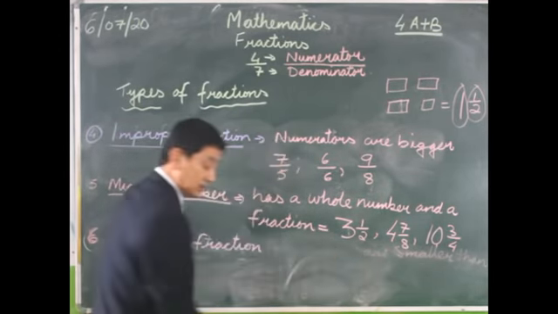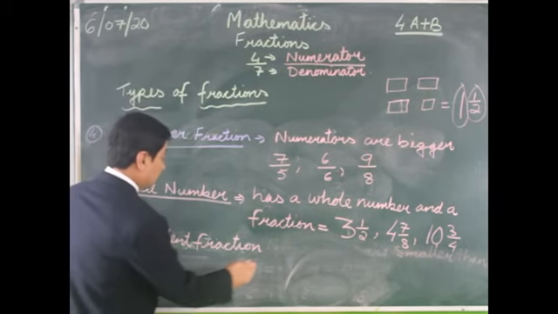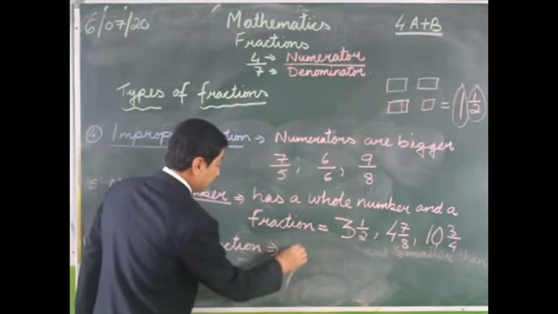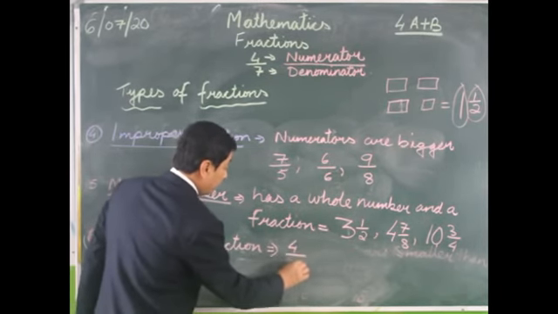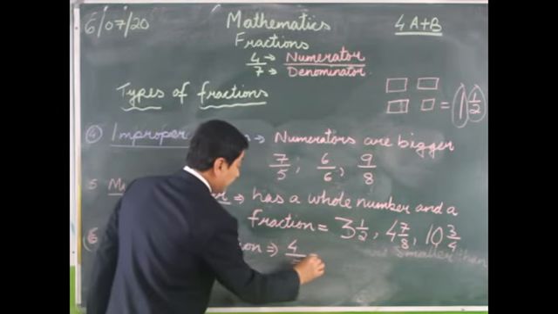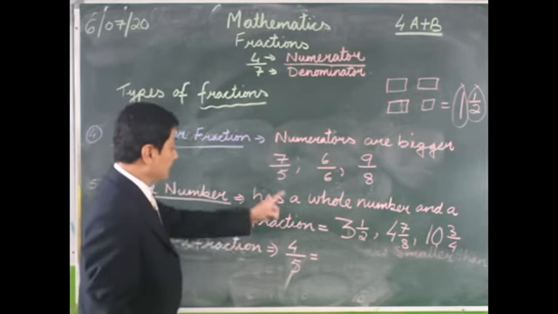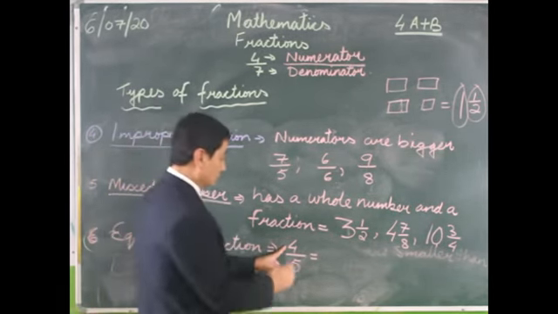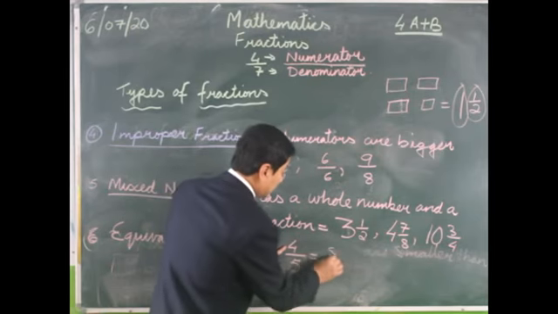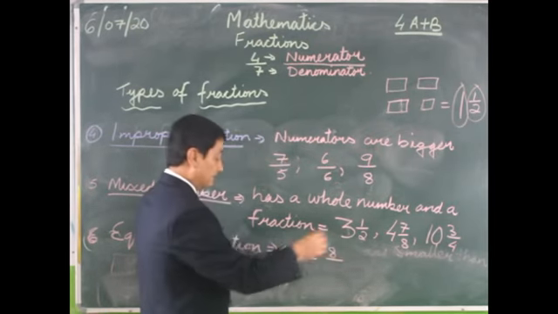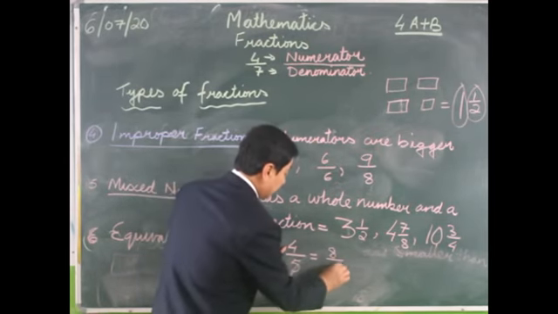So how do we write equivalent fractions? So for example, we have written 4 upon 5. Okay, so what we have to do is multiply 4 by 2. 4 1s are 4, 4 2s are 8. 5 2s are 10.